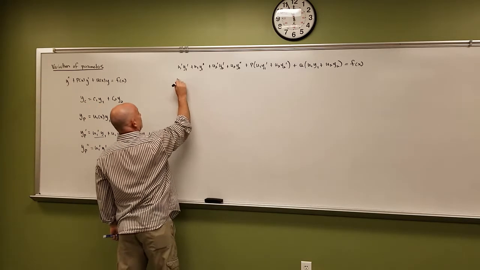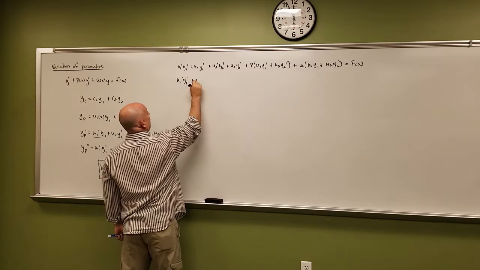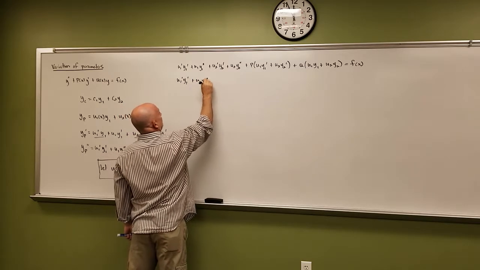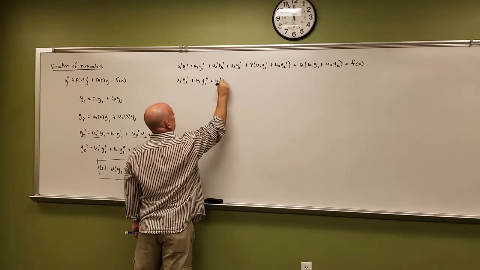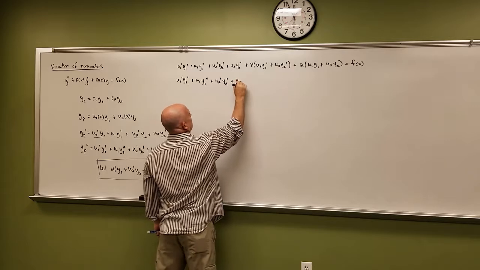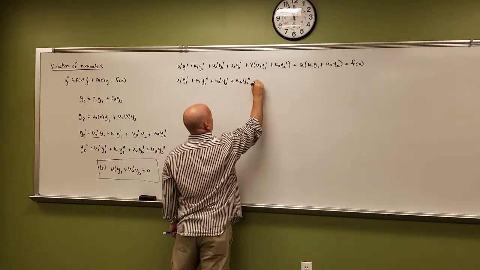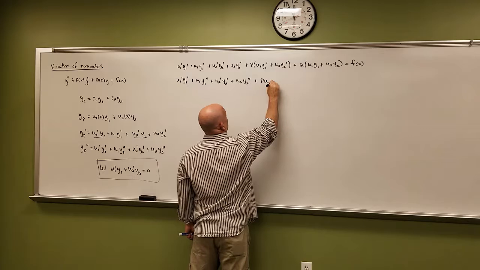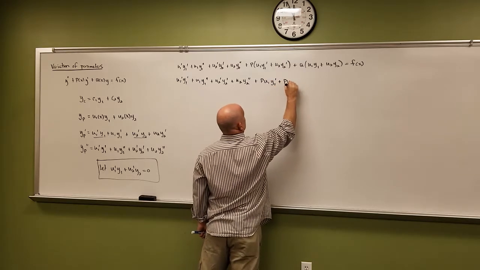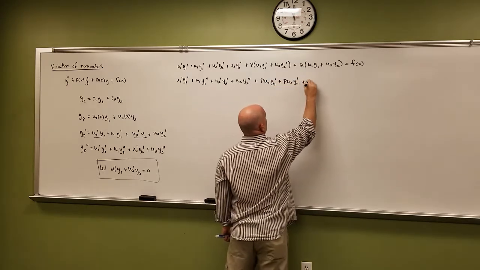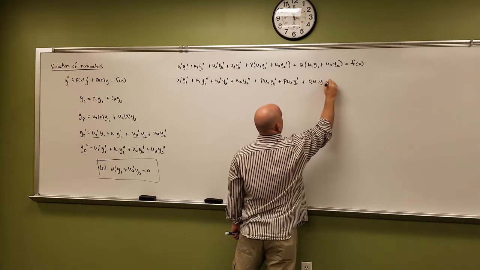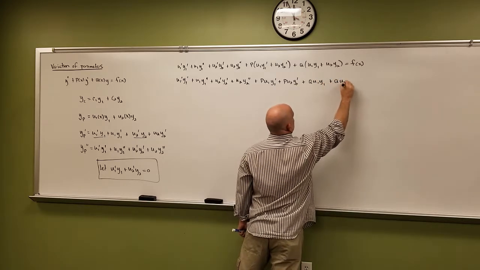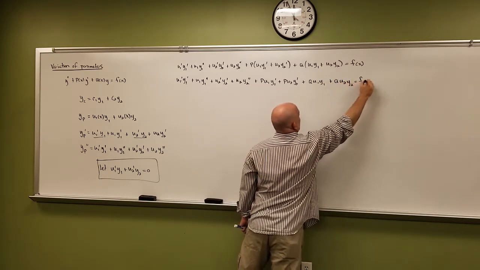So one more line: u1' y1', u1 y1'', u2' y2', u2 y2'', p u1 y1', p u2 y2', q u1 y1, q u2 y2 is equal to f of x.